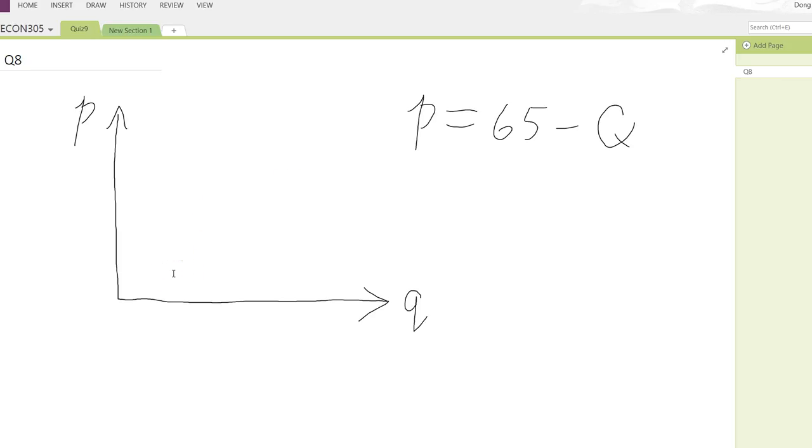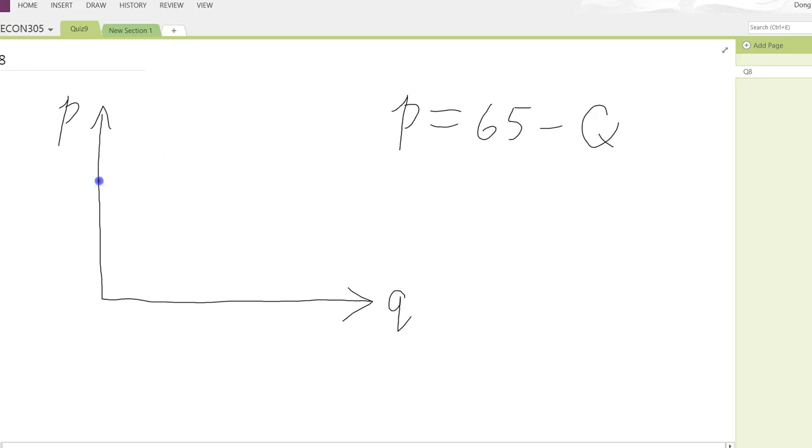For a straight line, once we can pinpoint 2 points on this line, then we can draw this line. To choose these 2 points, the first point I choose is when Q equals 0. That's on the vertical axis. When Q equals 0, P equals 65. That's my first point.